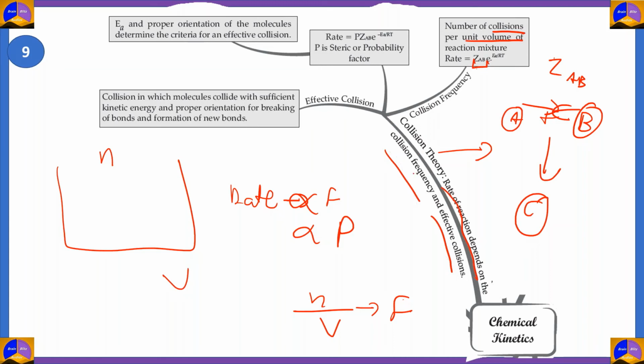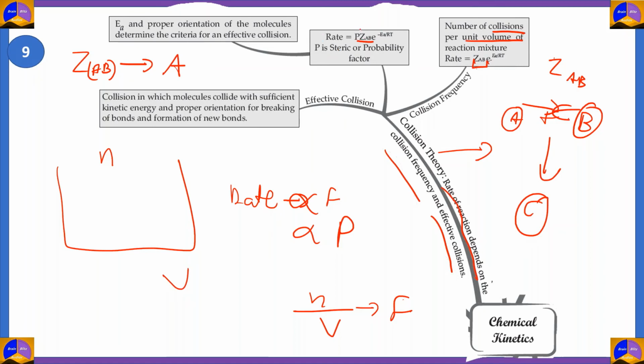How do we represent the rate of a reaction using collision theory? So the rate is equal to P ZAB e raised to minus EA by RT. Note that the ZAB mentioned here is same as the A mentioned in the Arrhenius equation.